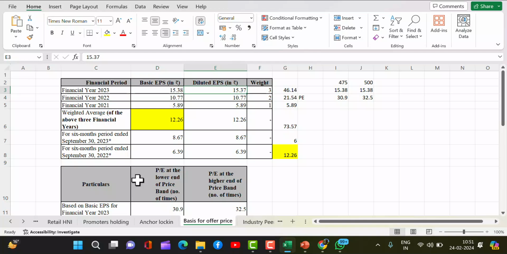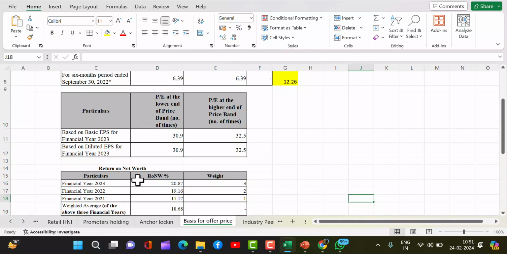This has been used for calculating the PE ratio, not the average. So on that 15 rupees, and the company is offering the share at how much? 475 and 500, and this is the EPS which is coming from column number D and E. So this is basically your EPS at the lower band and the higher band.